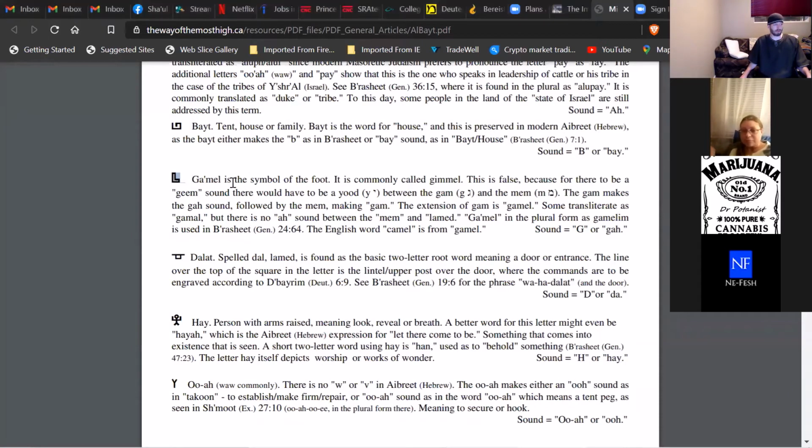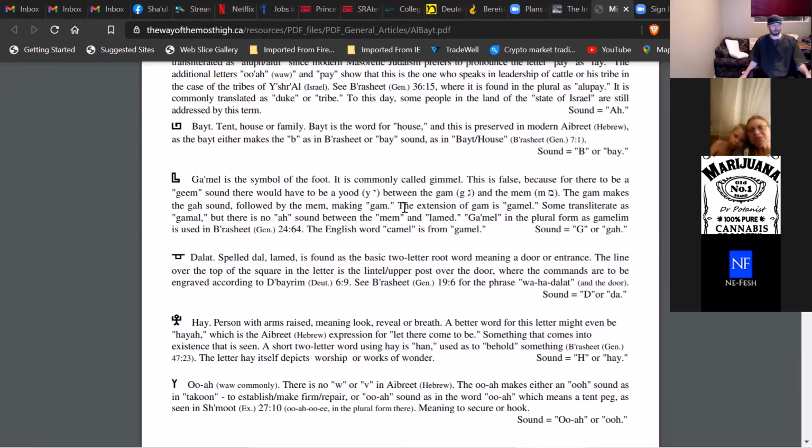You'll see that it looks like a foot. It's in the shape of a foot, an L shape, and that's what it was to represent, the foot. It's commonly called Gimel. I call this either Gam in the short form.